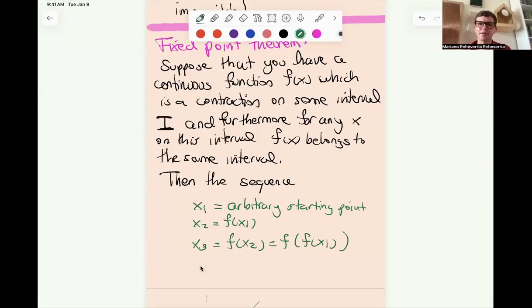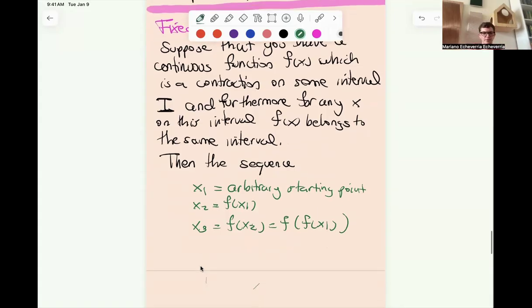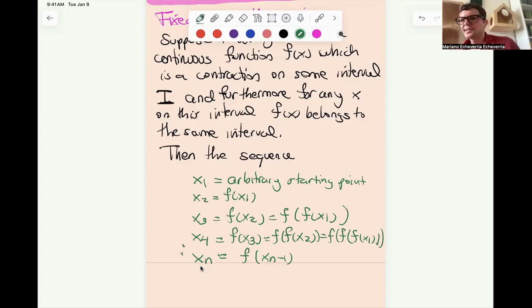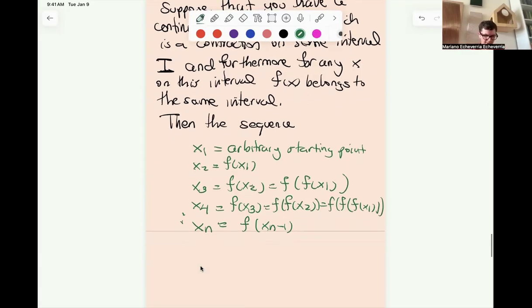So you take f of that point, then f of the next point, and so on. And the nth step x_n is f of x_(n-1). My claim is that that sequence converges to the fixed point of the function on this interval.